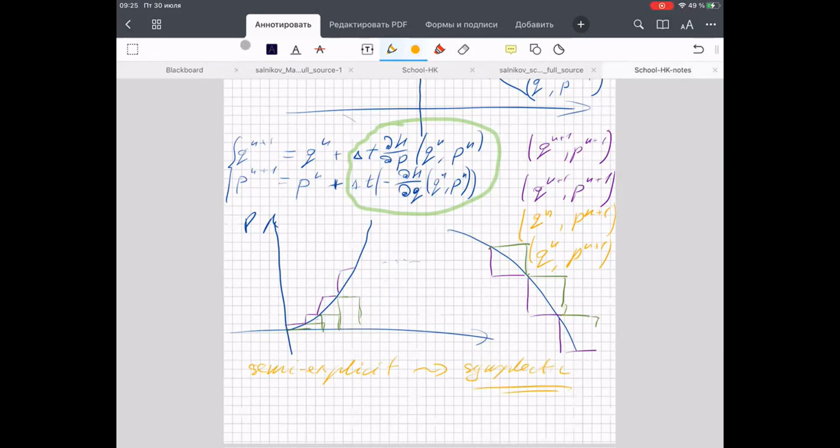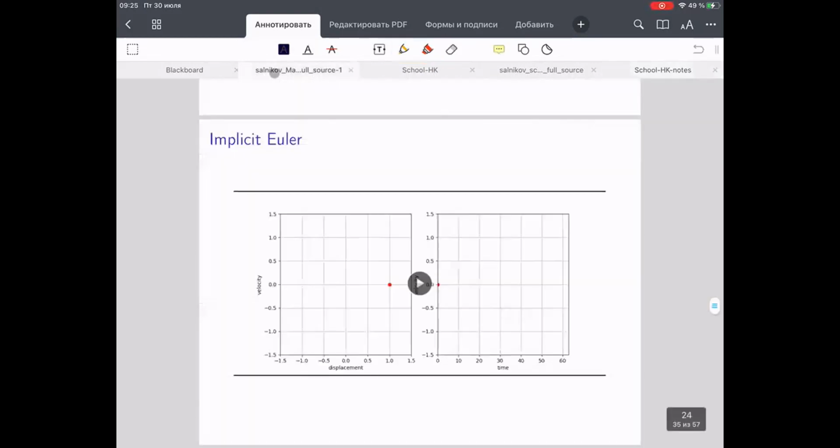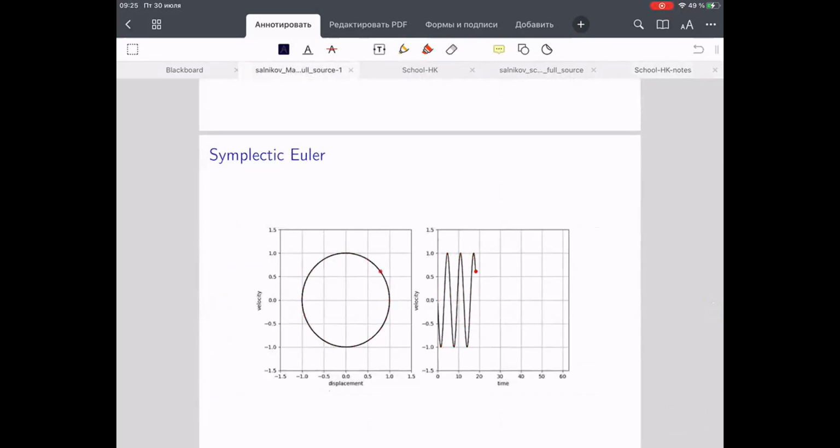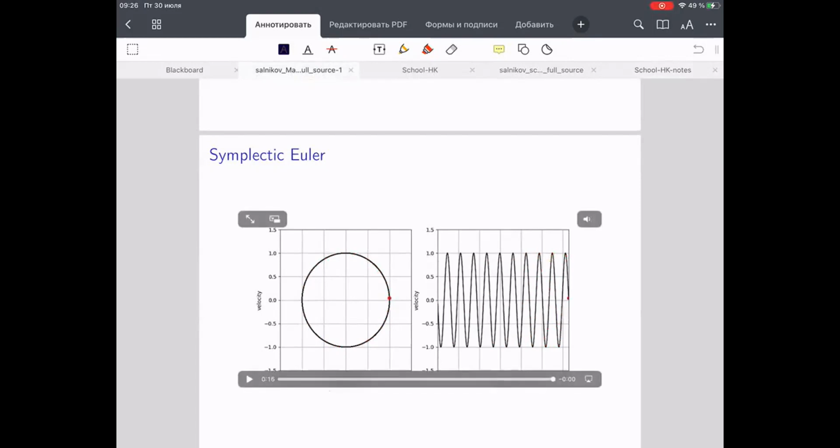Again, let me show the animation. Well, looks better, right? It's still the same time step, but you see, at least with the naked eye, that the level set seems to be preserved, and the oscillations go as they're supposed to go.